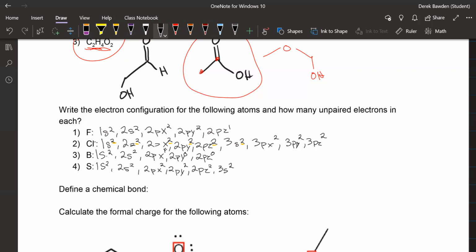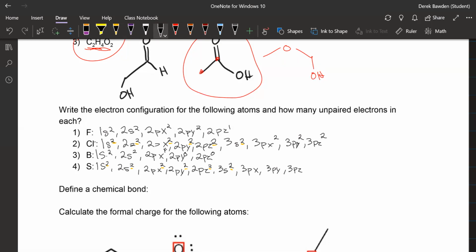3s2. Now we need to do our 3px, 3py, 3pz. Okay. So far, we've used a total of 2, 4, 6, 8, 10, 12. And we were trying to get to how many again? 16, right?